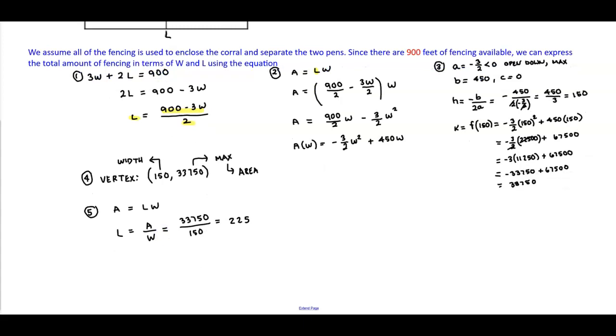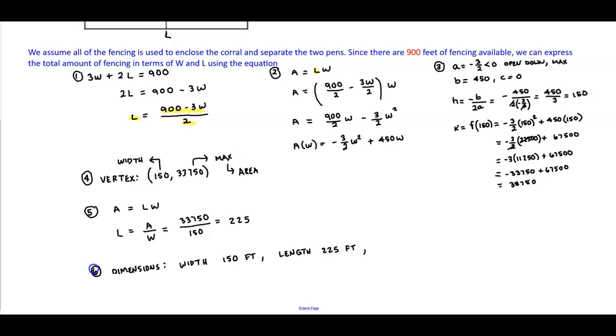So now we can determine the dimensions. The width represents 150 feet and the length is 225 feet.